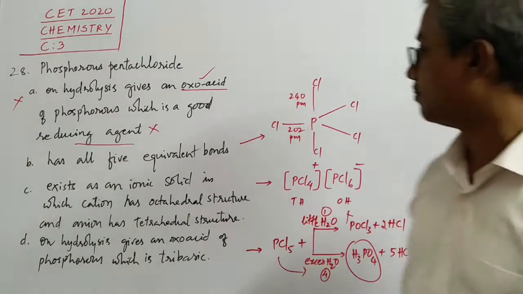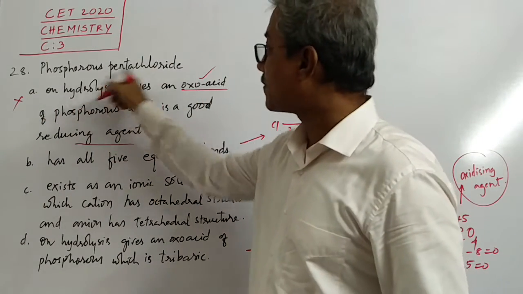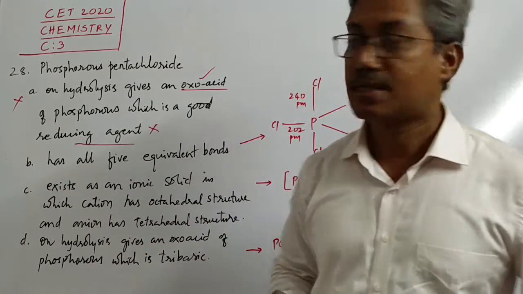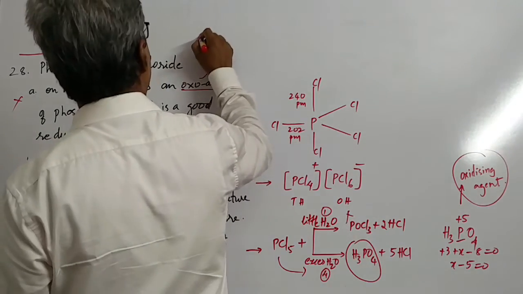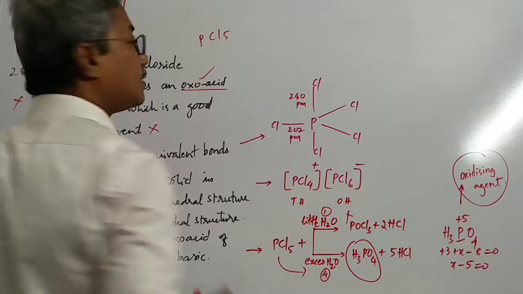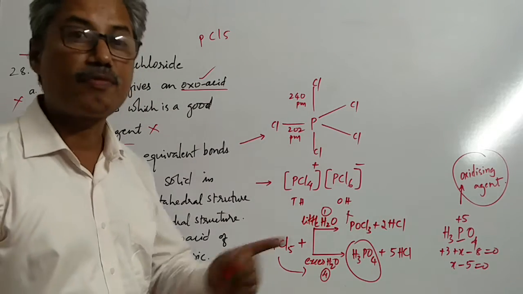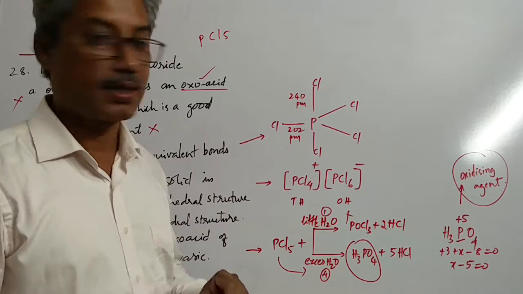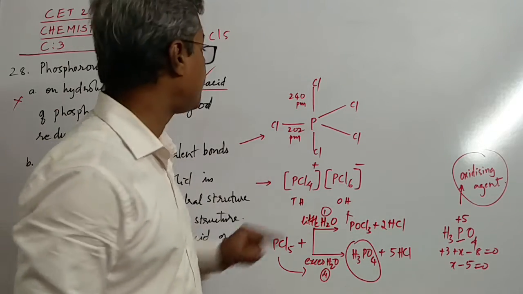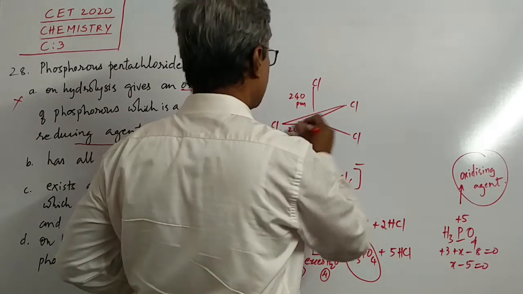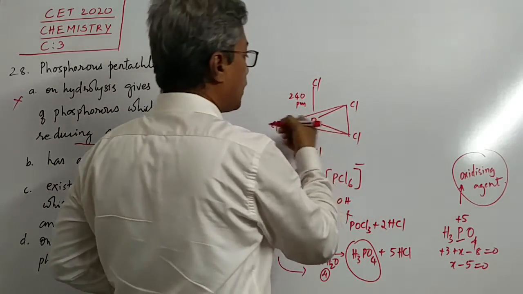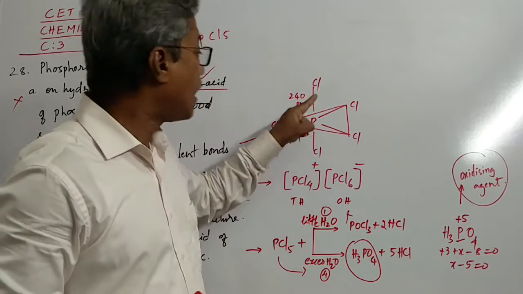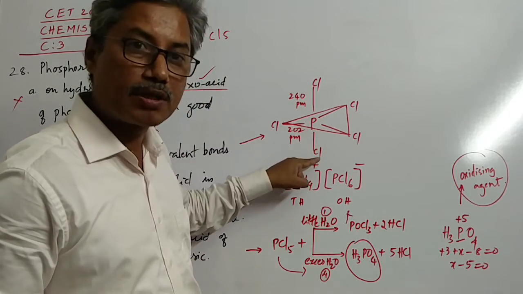Is it clear, students? Now let us look at this. Phosphorus pentachloride has all 5 equivalent bonds. Phosphorus pentachloride means PCl5. It means that 5 Cl have formed 5 bonds with phosphorus. That means we have 5 P-Cl bonds. Look at this, the structure is like this: in one plane we have 3 chlorine atoms, and one is above the plane and another one is below the plane.